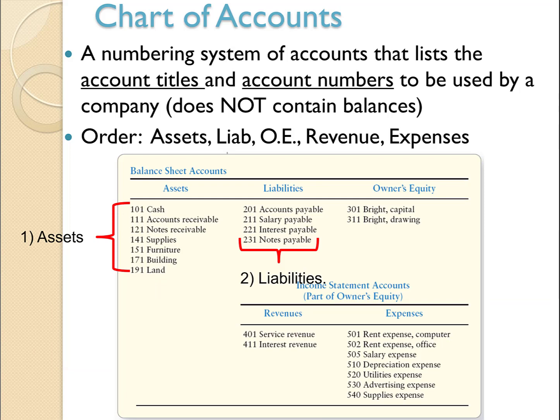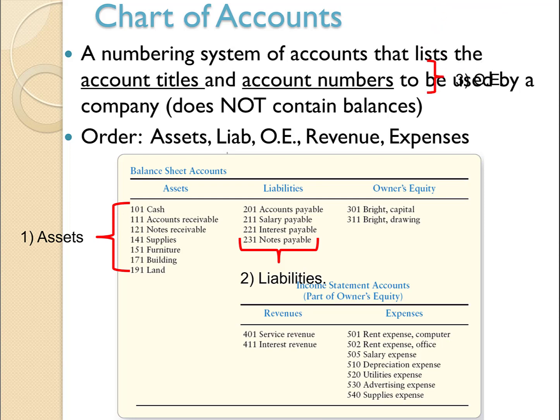Now, in this class, we don't use the account number very much, but when you start to use accounting software, you'll notice that every account has an account number listed with it. A couple of reasons for that. One, if you know the account number, it's much faster to type the account number than to type the account name. And also, you could tell the account type by the number that it begins with.